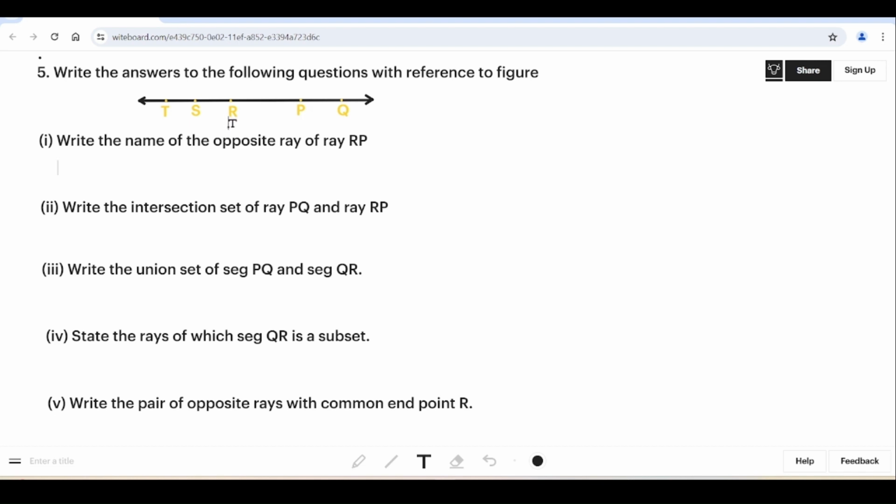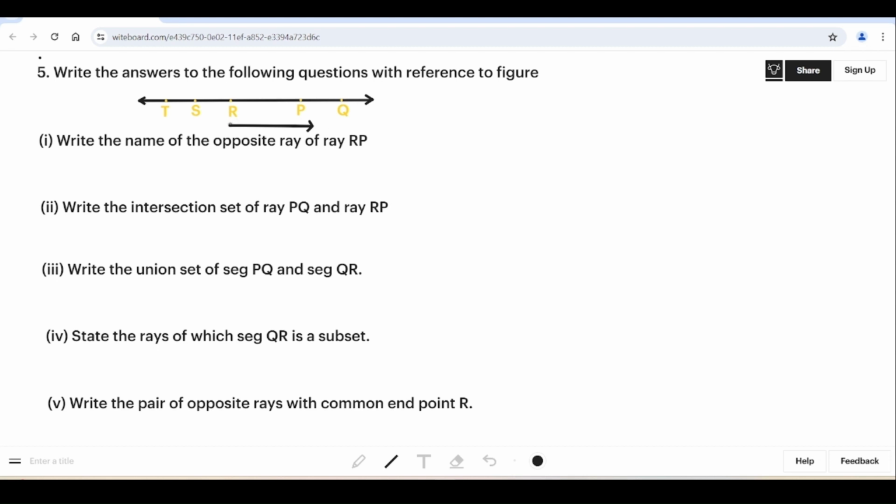Now R is here and P is here, as the ray goes towards the right side. We want to write the name of the ray opposite to the ray RP.